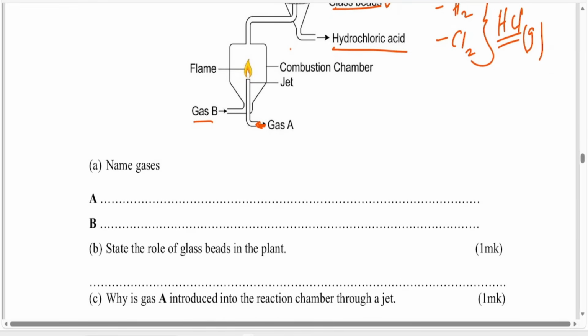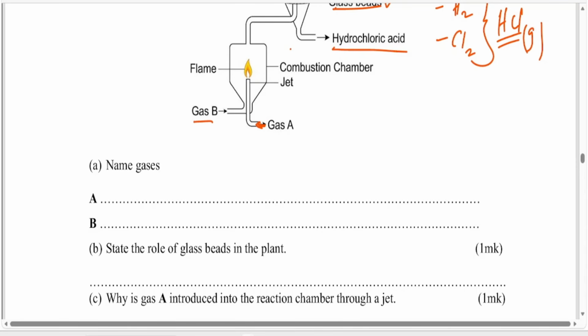So we begin by now answering the question. Name gases A and B. Let's begin with gas A, which is passed through a jet.